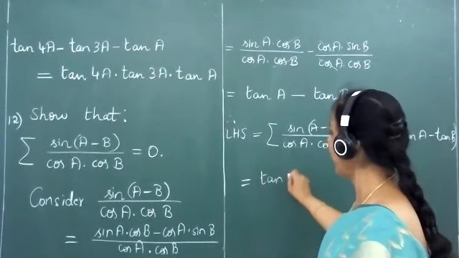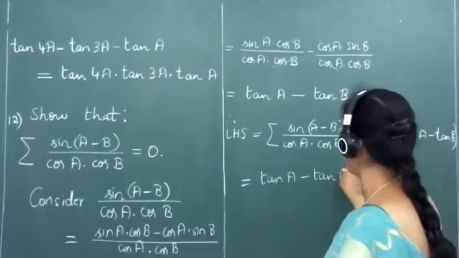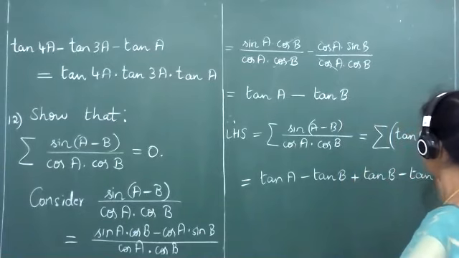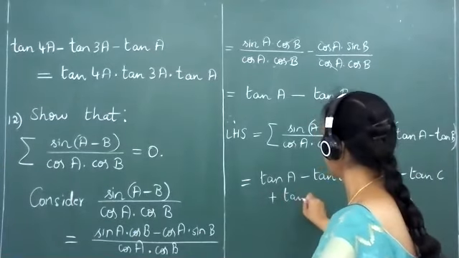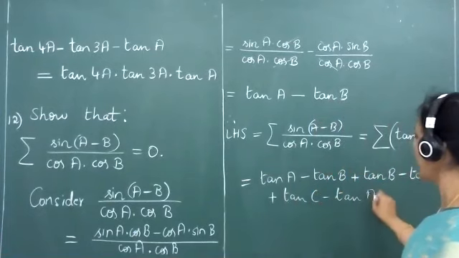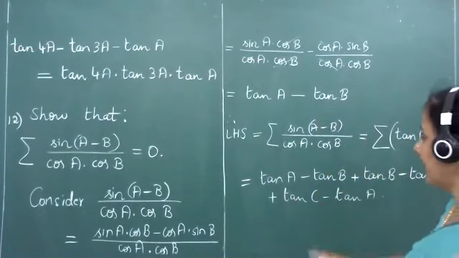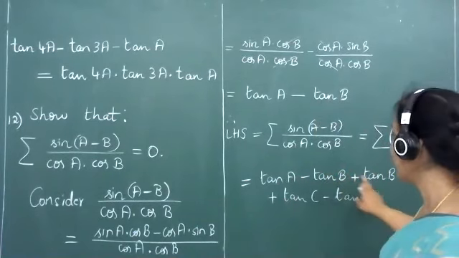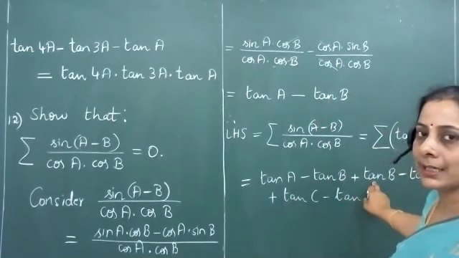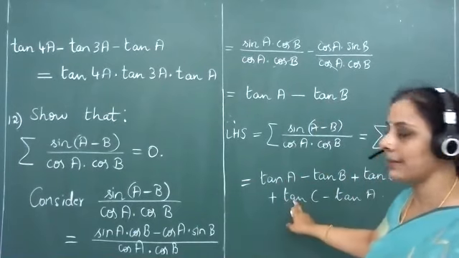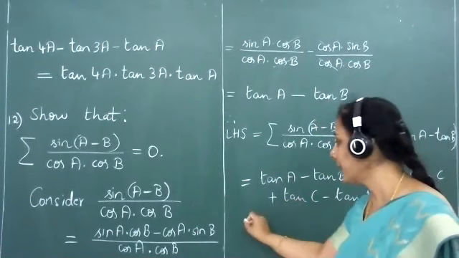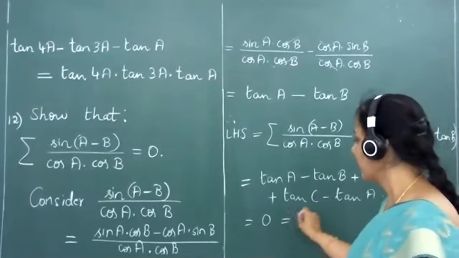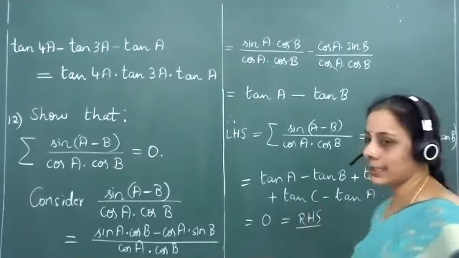Thereby we get tan A minus tan B plus tan B minus tan C plus tan C minus tan A. And here clearly we have plus tan A minus tan A getting cancelled with each other, minus tan B plus tan B again getting nullified, minus tan C plus tan C which is again getting cancelled. Thereby the expression will be equal to 0, which is nothing but the desired RHS.